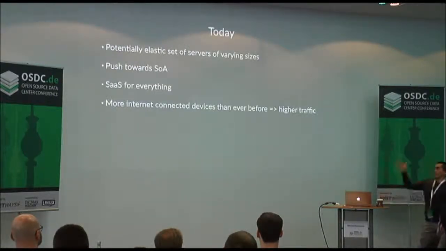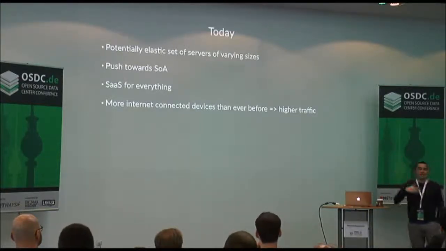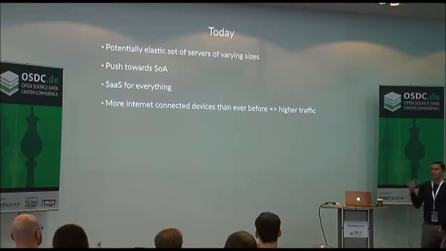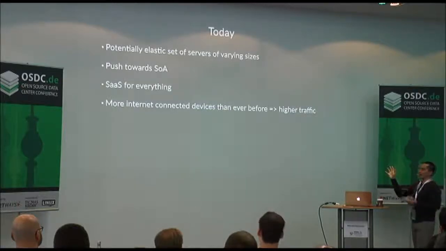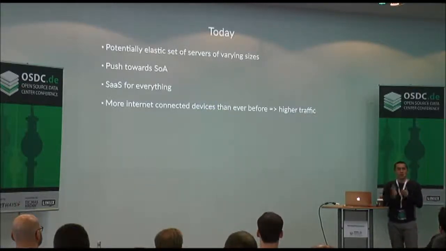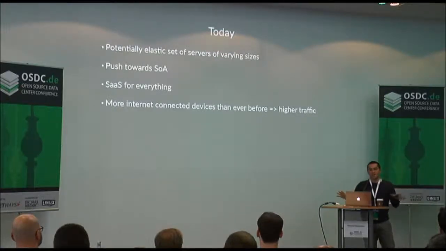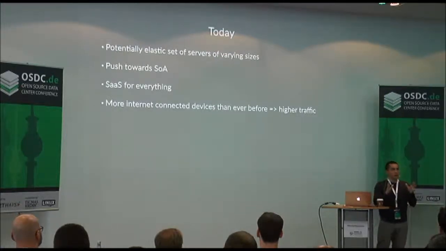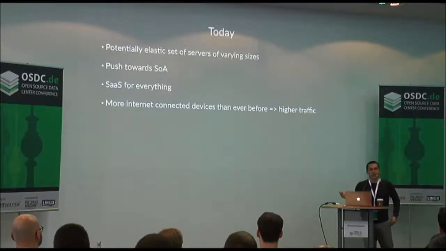So today, everything's elastic, SOA, microservices, etc. There's a SaaS for everything out there, so we have to at least think about it. And then more internet-connected devices, more people, however you want to look at it. No matter what, there's just factually more web traffic out there. It is split among a lot more websites, but if you're a big player, you're just getting more traffic than you were before.